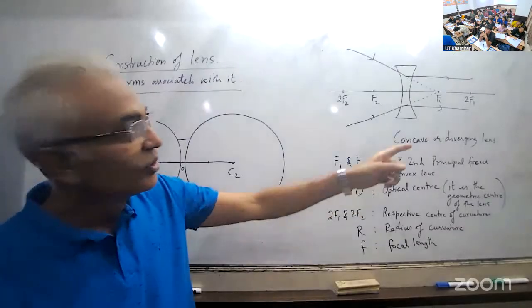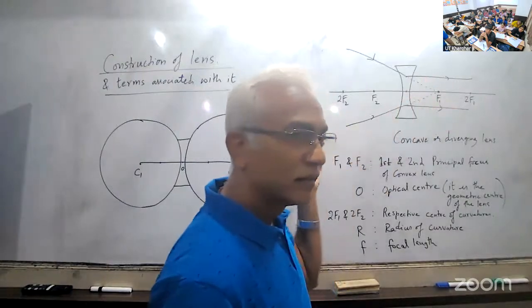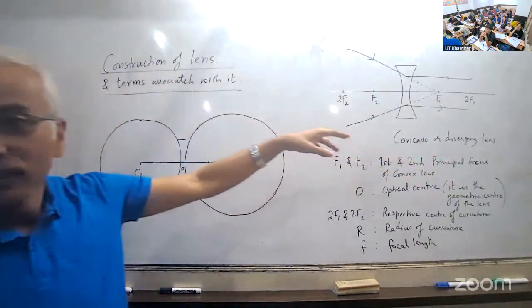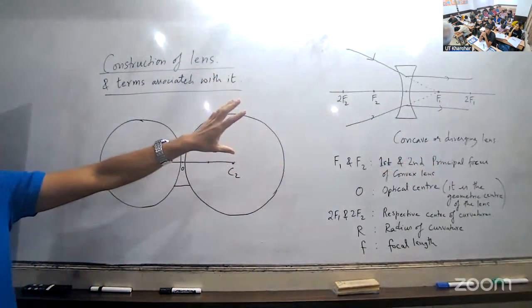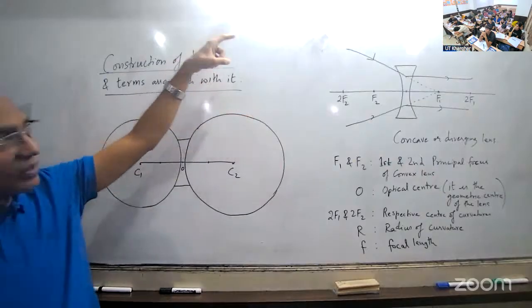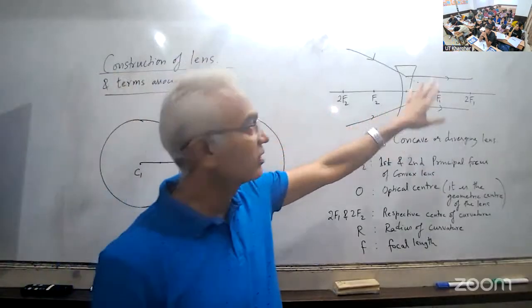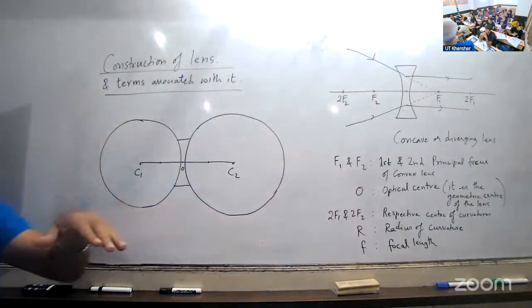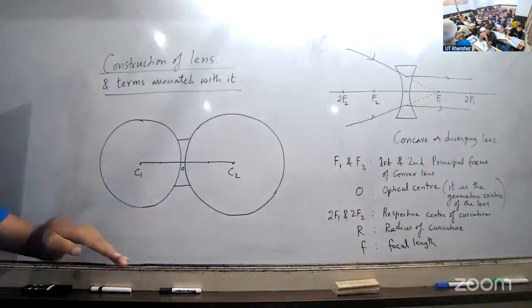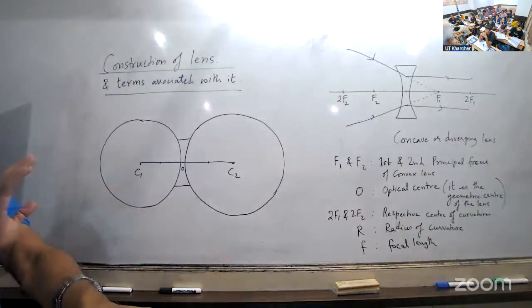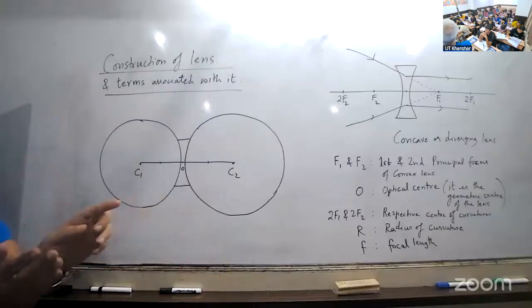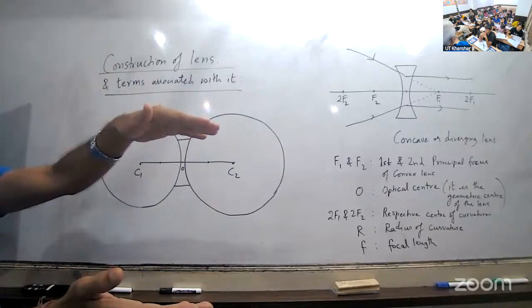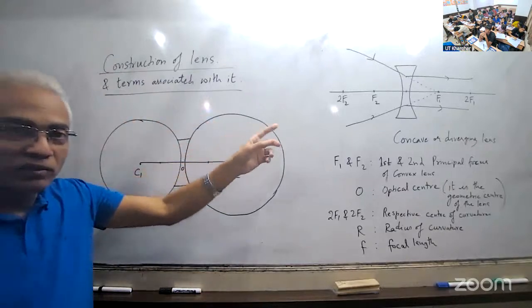Exactly. If you reverse it, it will diverge. So symmetry. Sometimes confusion may arise. Just think of it like this. This you are comfortable with: for convex, if a parallel ray is coming, it is converging. And when we reverse it, to define the principal focus, the ray emanating from focus also will become parallel. So that way it will help you remember it.